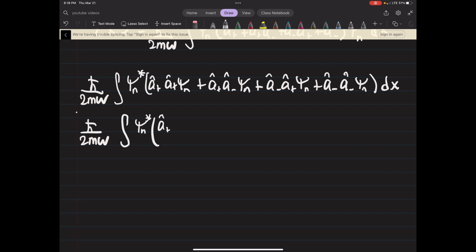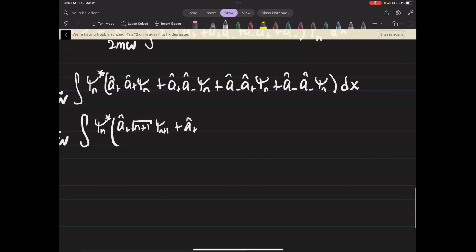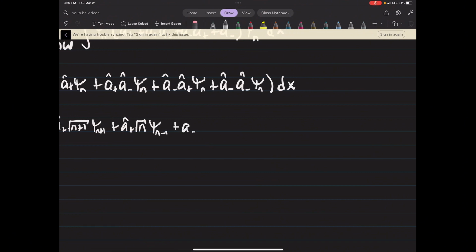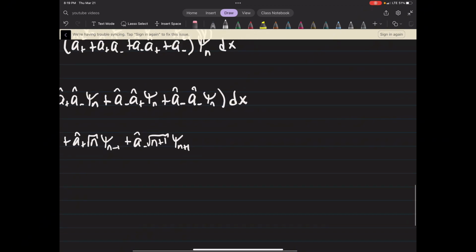So the first one will give us the square root of n plus 1, psi n plus 1, plus the raising operator acting on the square root of n, psi n minus 1, plus the lowering operator acting on the square root of n plus 1, psi n plus 1, plus the lowering operator acting on the square root of n, psi n minus 1.